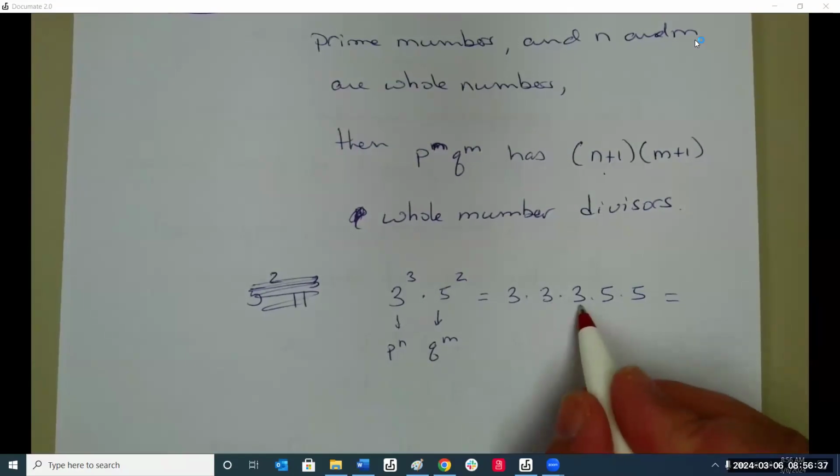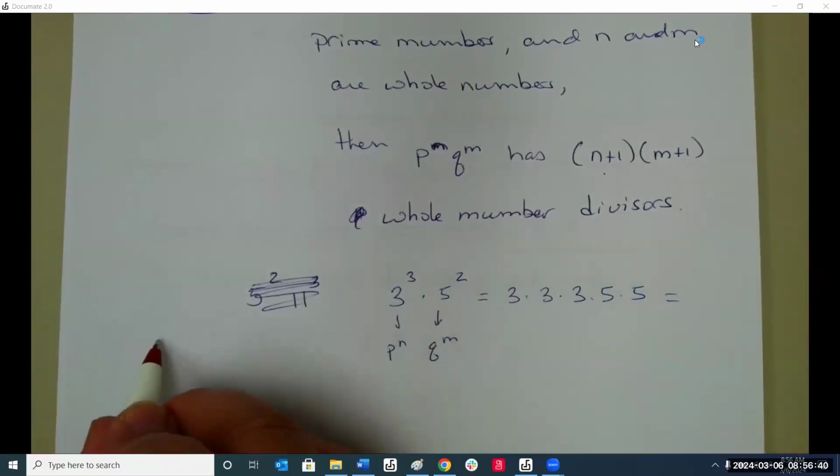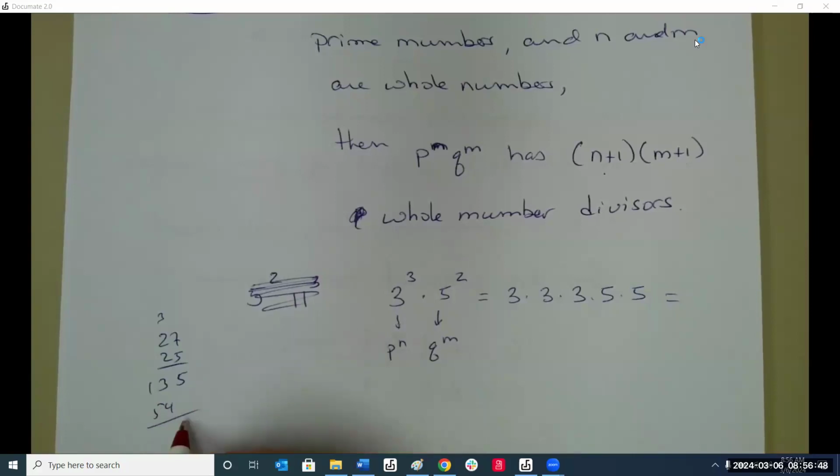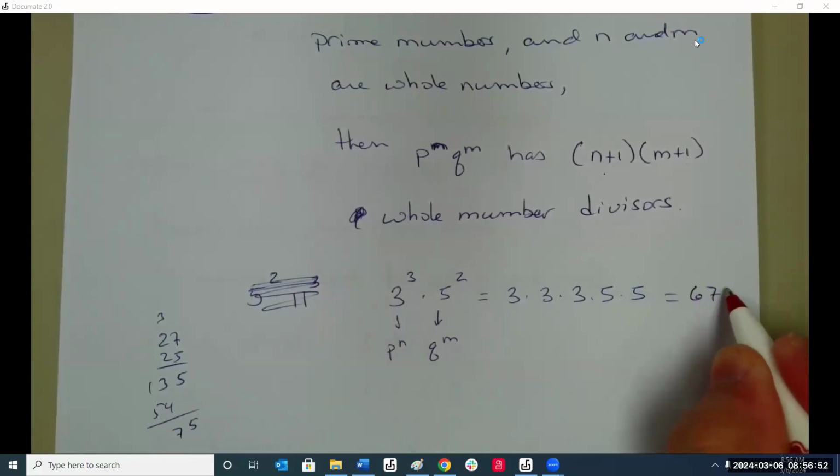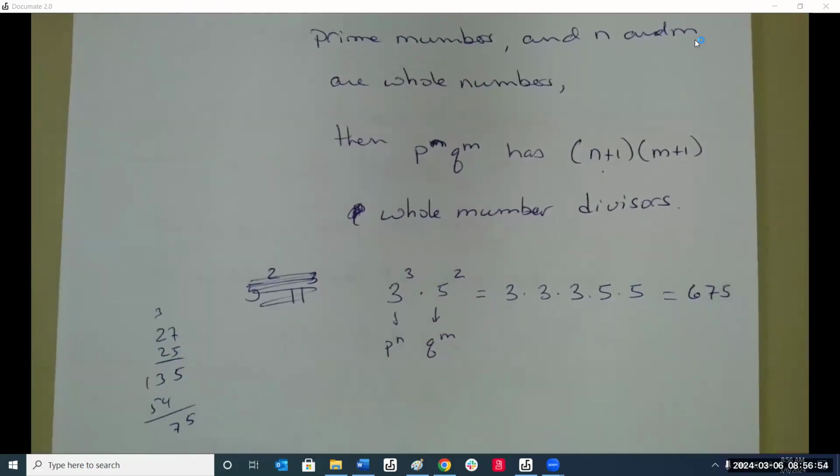We have 25 times 9, 25 times 27. 675. So multiply all these together, we get 675. All of these numbers are divisors of 675.